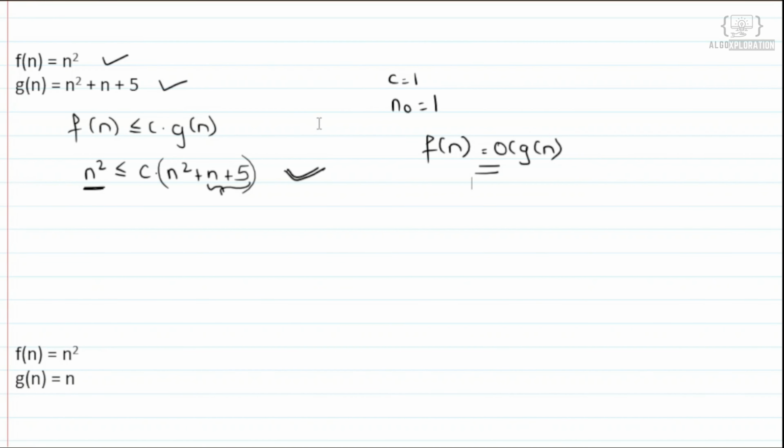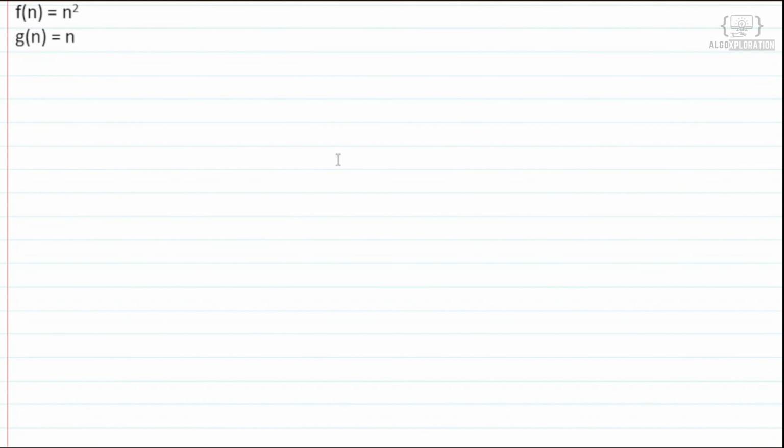Now let's solve this next problem. Here f of n is n square and g of n is n. Now substituting the value in equation, f of n is less than or equal to c into g of n. n square is less than or equal to c into n. Now when c equals to 2, it will become n square is less than or equal to 2 into n.